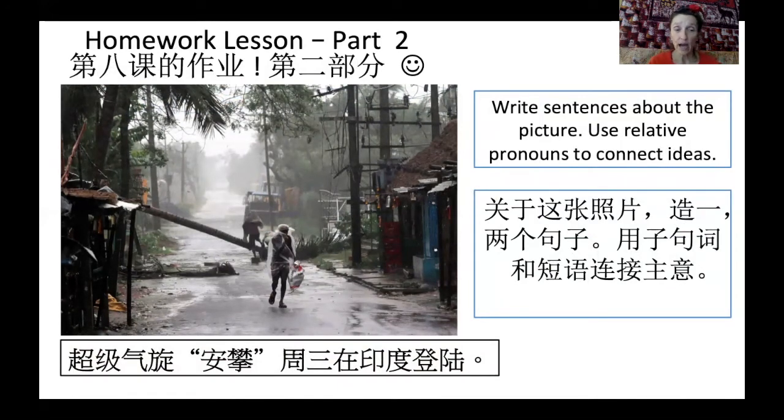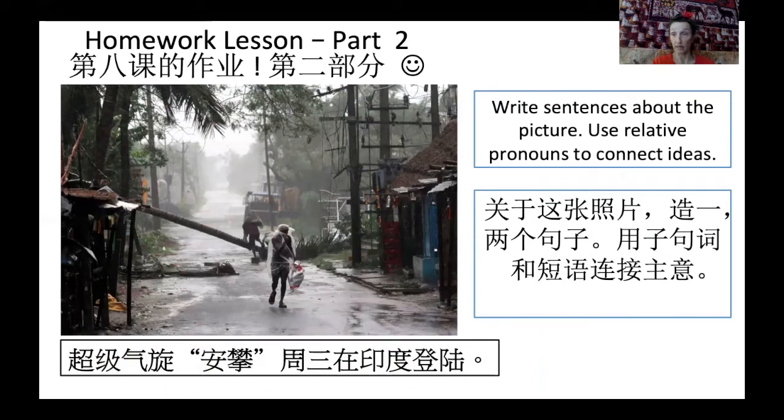As you can see, 超级气旋 Anpan, the name of the cyclone. Anpan 就散在印度登陆. So it came in. So the cyclone hit India Wednesday, and I want you to write a couple of sentences.